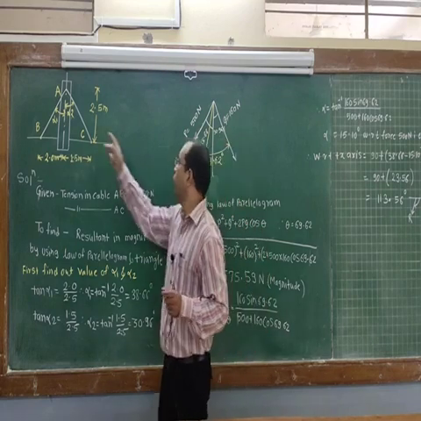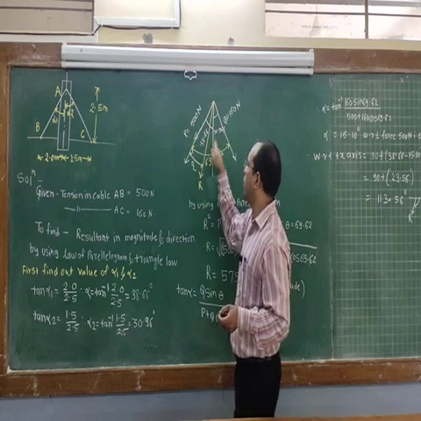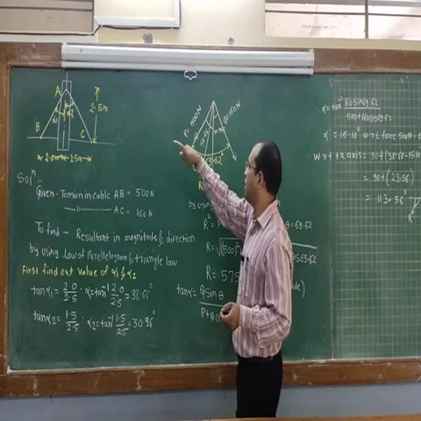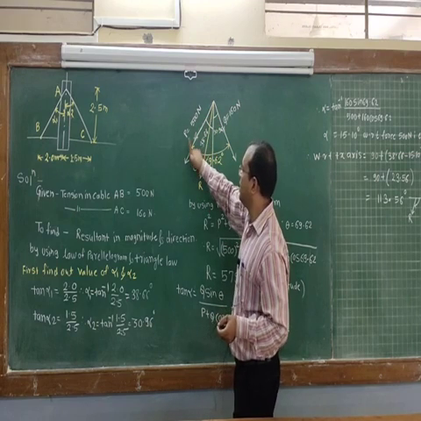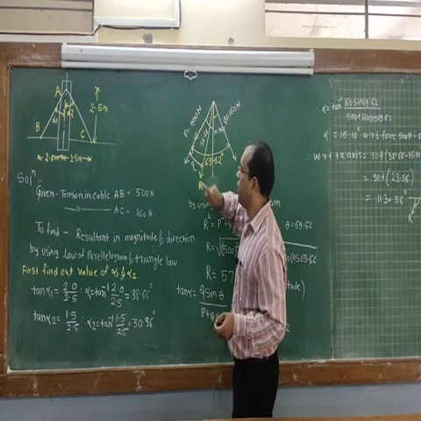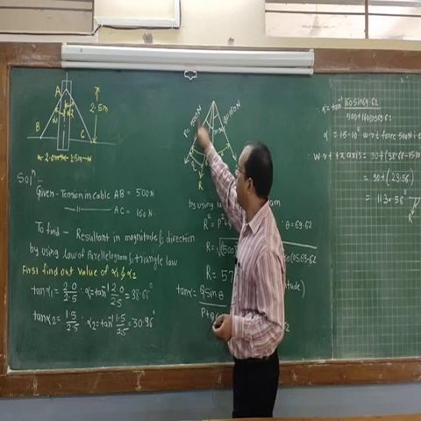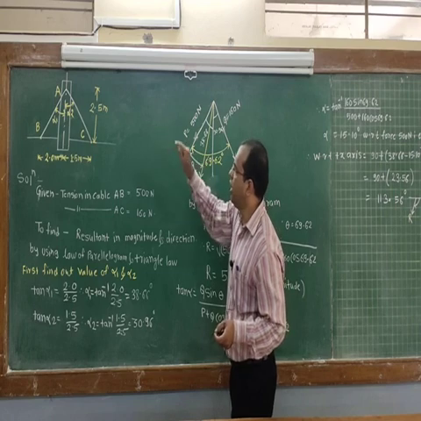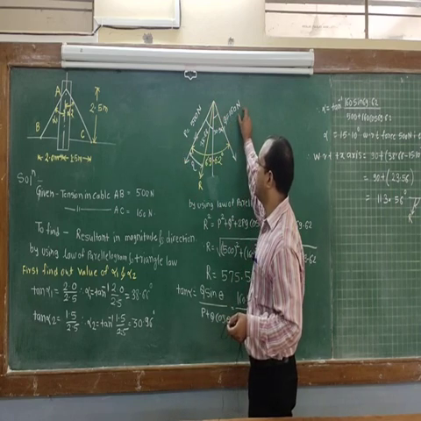As there are two forces, I have drawn the free body diagram of this figure. The tension in cable AB, let's say, is P, that is 500 Newton, and the tension in cable AC, let's say, is Q, that is 160 Newton.